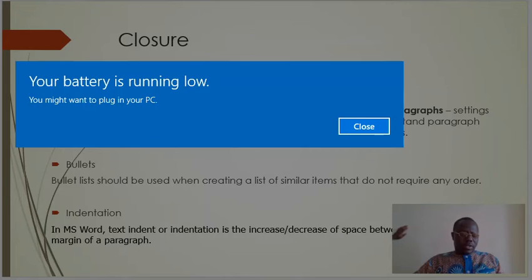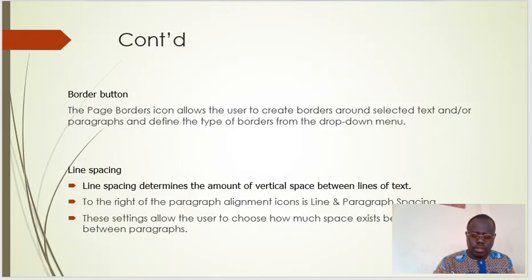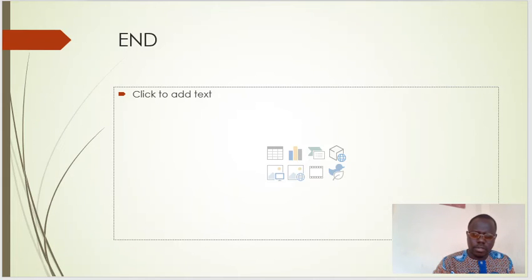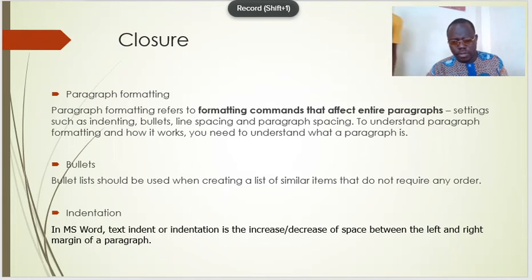We say in MS Word, text indent or indentation is the increase or decrease of space in between the left and the right margin of a paragraph.